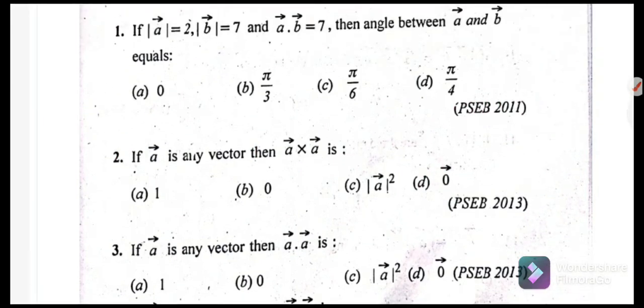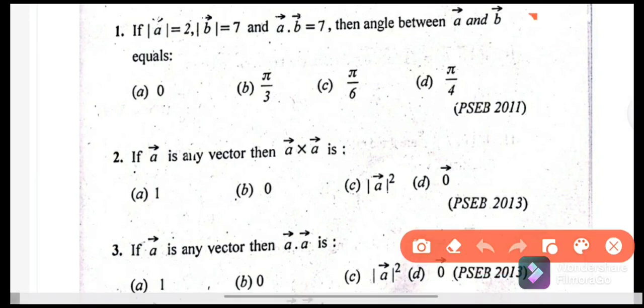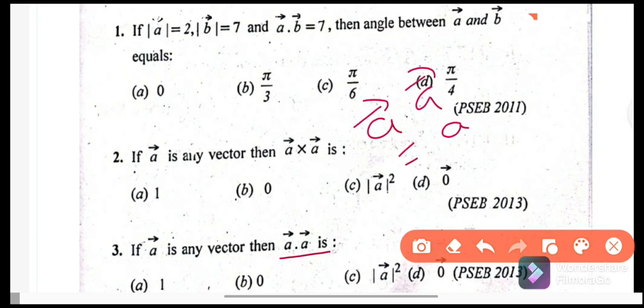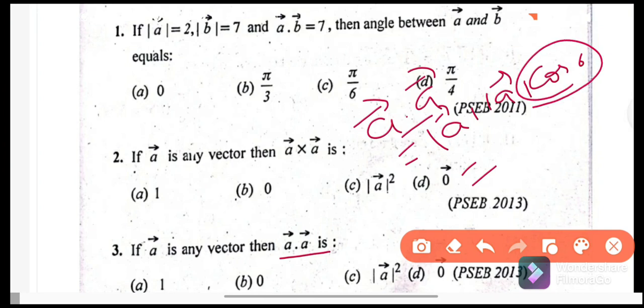Next question, if A is any vector, then dot product of A with A is equal to, because dot product is equal to magnitude of A and magnitude of A, cos of 0, and cos of 0 is equal to 1, so it is equal to this. So answer is C option.